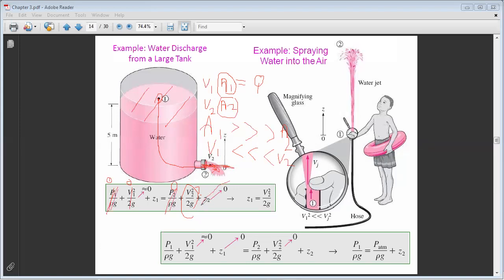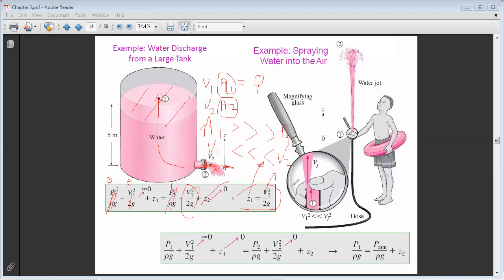Then the velocity V2 can be obtained from the following equation: Z1 equals V2 square over 2g. And this is very physical because the larger the height of water in the tank, the larger the discharge velocity. In this way, the potential energy is transformed into kinetic energy as you move from point 1 to point 2.